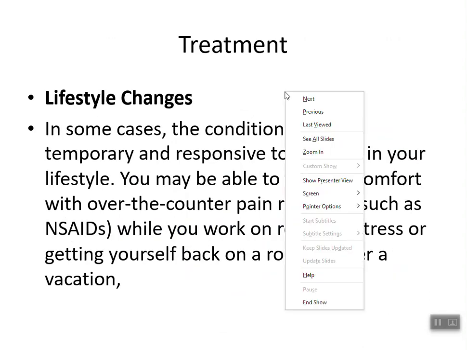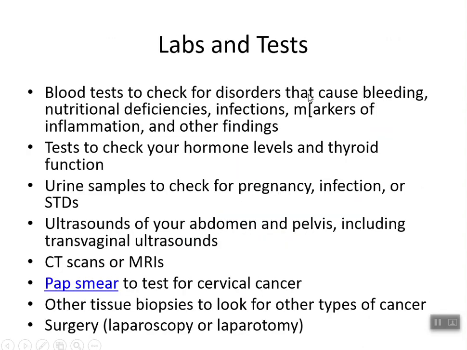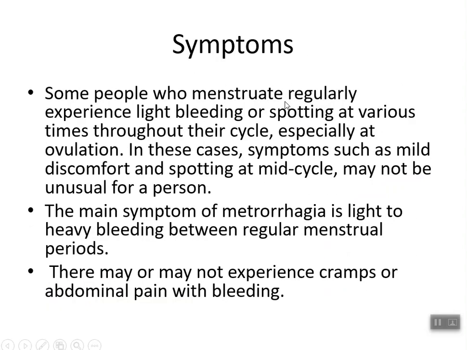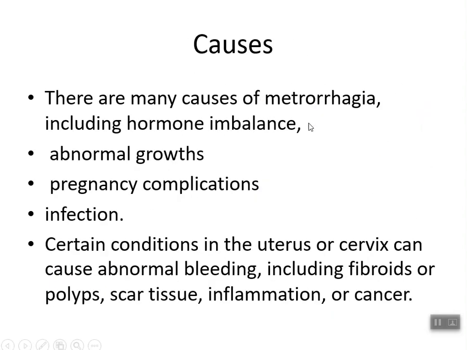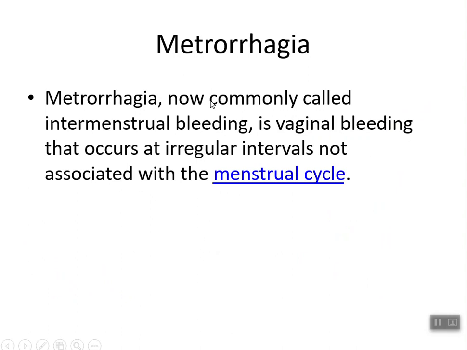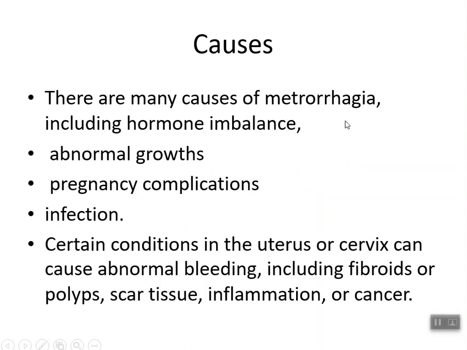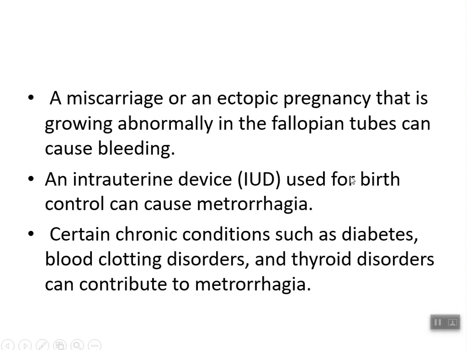Okay? So we will revise some important points under this. That is intermenstrual bleeding that occurs at irregular intervals and is not associated with the menstrual cycle. The causes: hormonal, abnormal growth, pregnancy complication, infection, and certain chronic diseases.